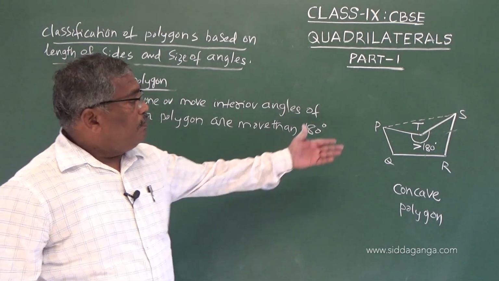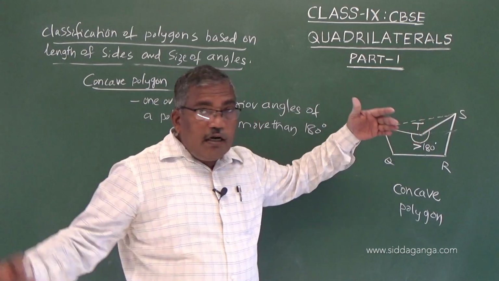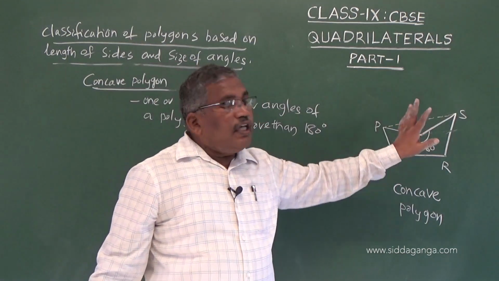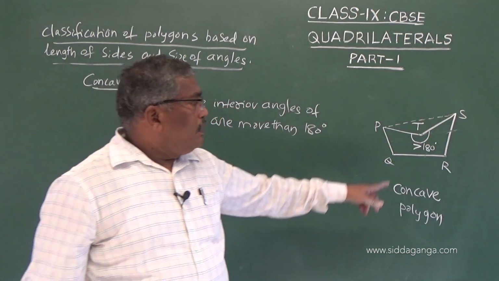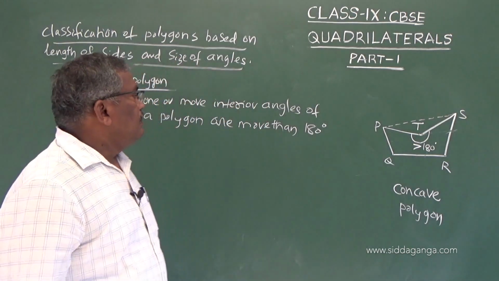So there may be one angle, or in a bigger polygon you may have more than one interior angle more than 180 degrees.